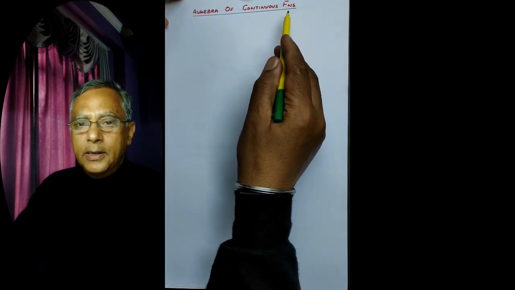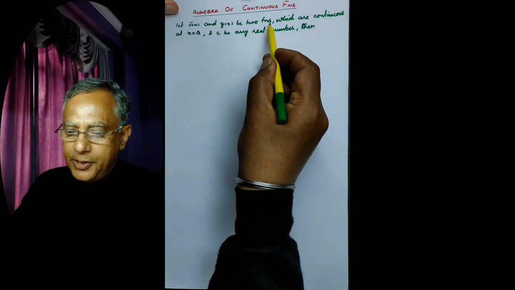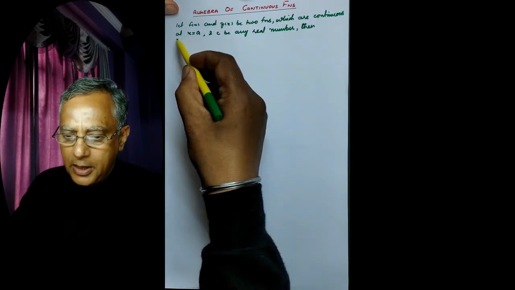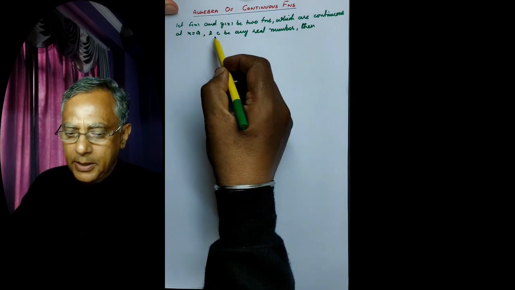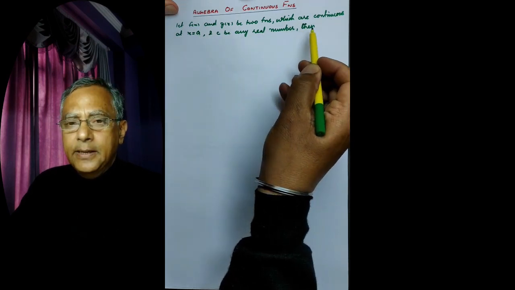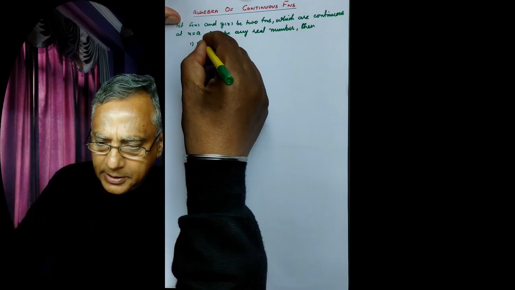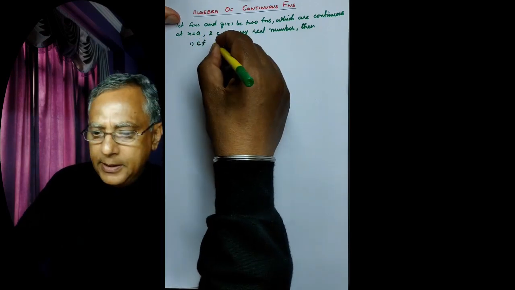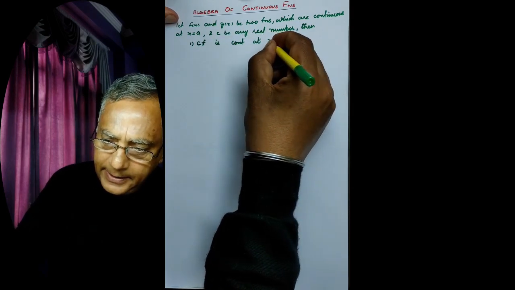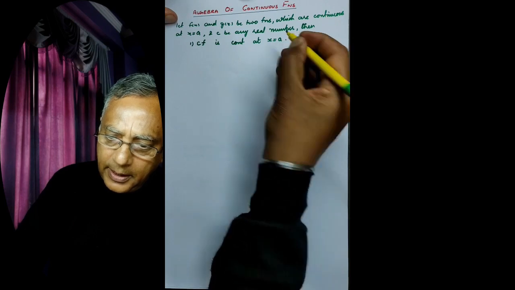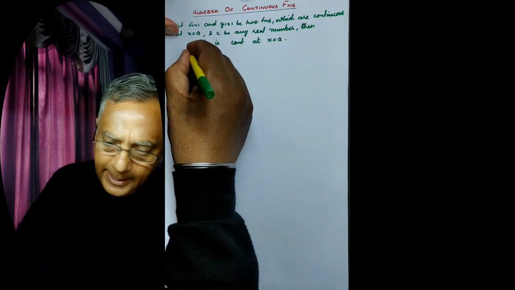Algebra of continuous functions. Let f(x) and g(x) be two functions which are continuous at x equal to a, where a is any real number, and c be any real number. Then first, c times f is continuous at x equal to a.